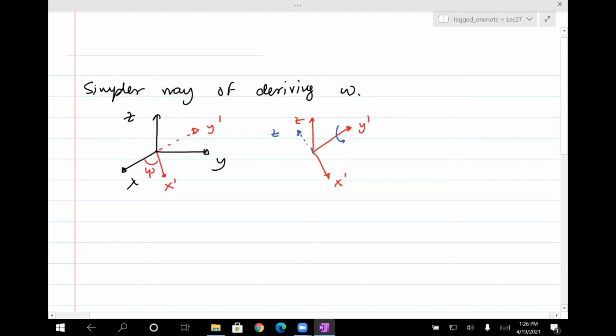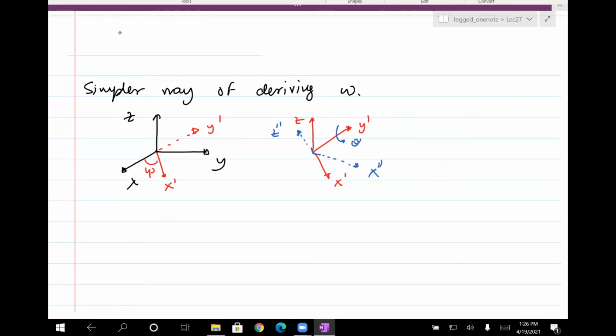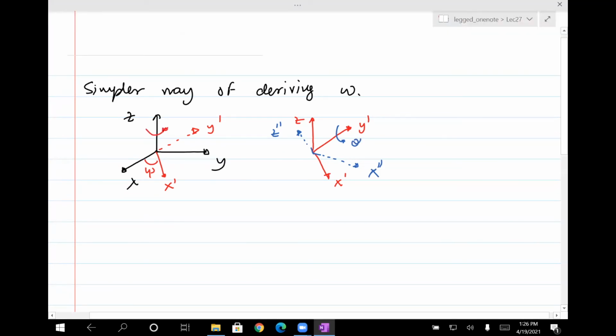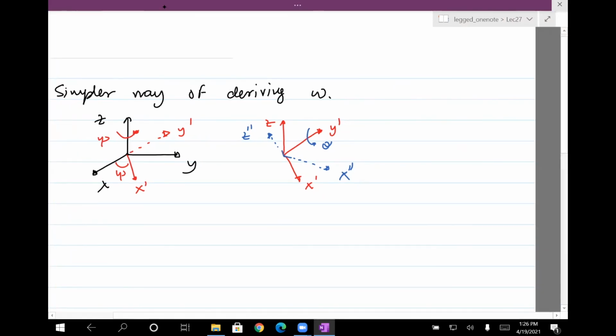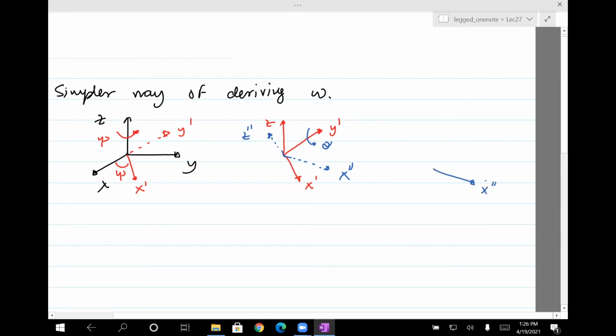So this will be like this. The new Z, I'll show double prime because it's the second rotation. Then this is hard, so let me just put it like this. X double prime. So this is theta, and then I should probably show psi like this. Okay. And then the final rotation is, we show the X double prime, Z double prime, and Y remains as it is.